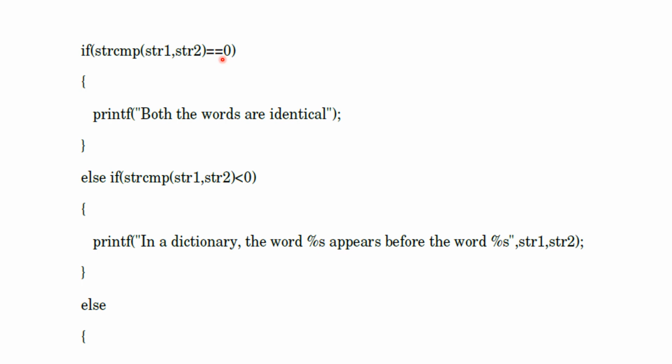You know this function will return 0 only if both str1 and str2 are equal. Please note the usage of the STRCMP function in the program. If STRCMP returns 0, then printf both the words are identical.